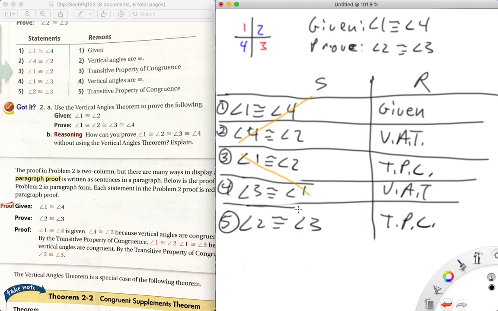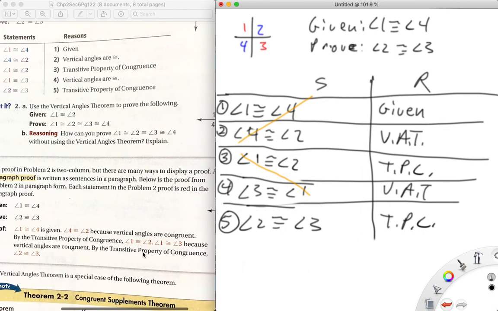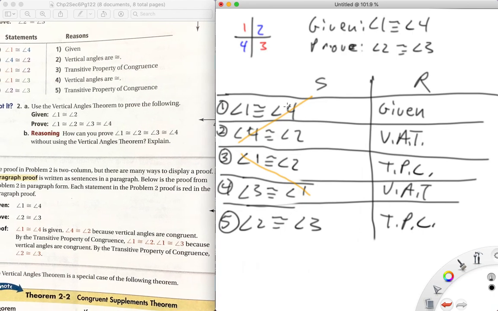So here's how I do it. I'm not going to write anything. I'm just going to read it. This is the paragraph proof to the proof that we just did up here. So this is the same thing. Angle 1 is congruent to angle 4 because it's given to us.